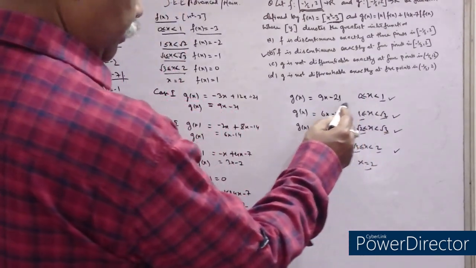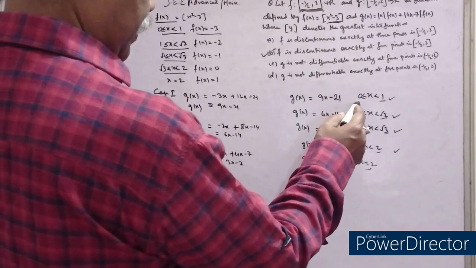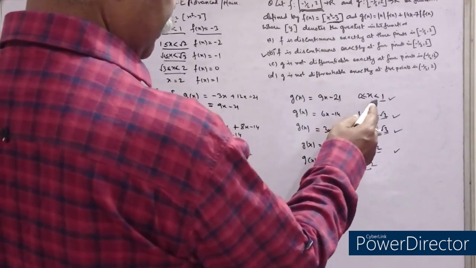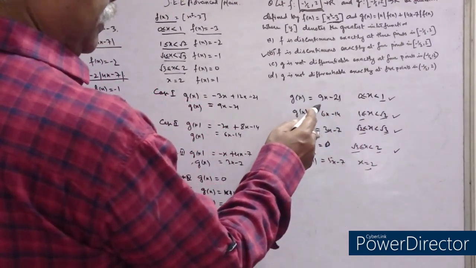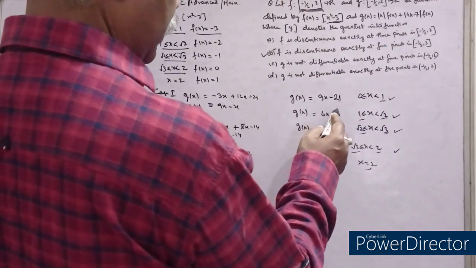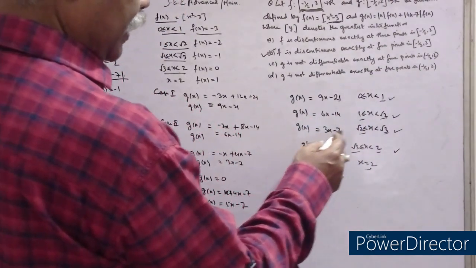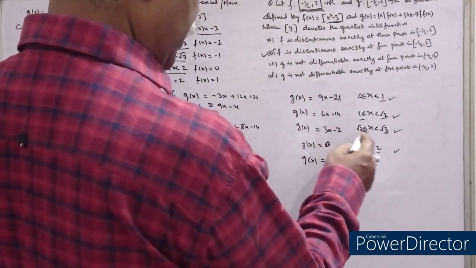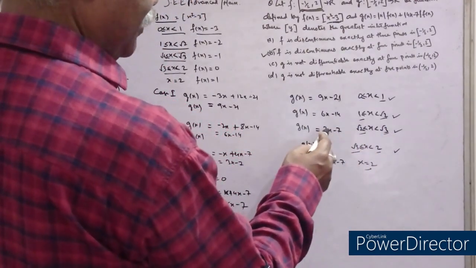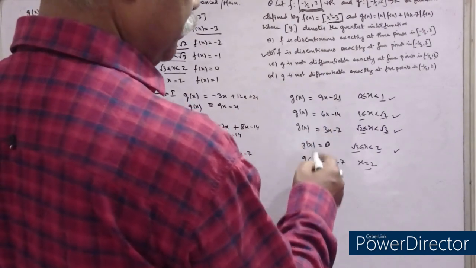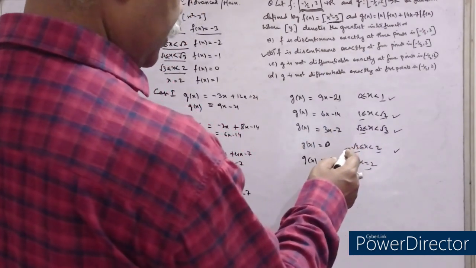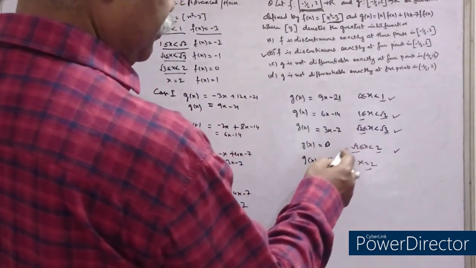Here when x tends to 1 from the left hand side, and when x tends to 1 from the right hand side, the results will be different. And again for x tends to root 2 from left hand side and right hand side, you will find that the results will be different. Similarly for root 3, your results will be different.